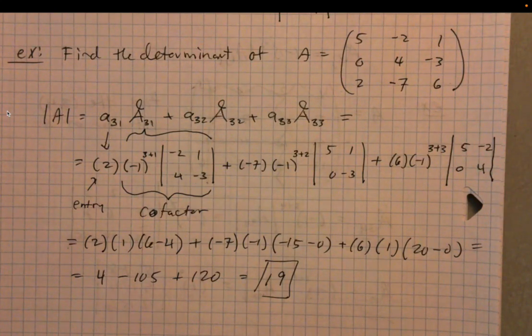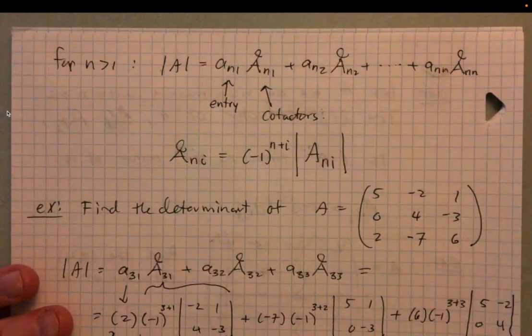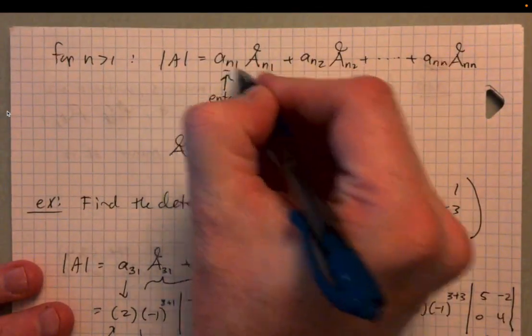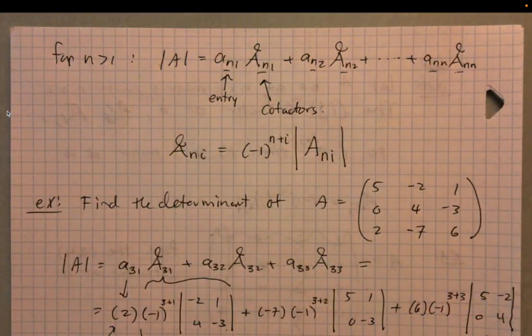Excellent. So that's a basic approach to calculating a determinant. I mean, this is the most general approach to calculating a determinant. Right, I guess I misspoke there a little bit, because notice how the definition uses the cofactor expansion along the nth row, right?